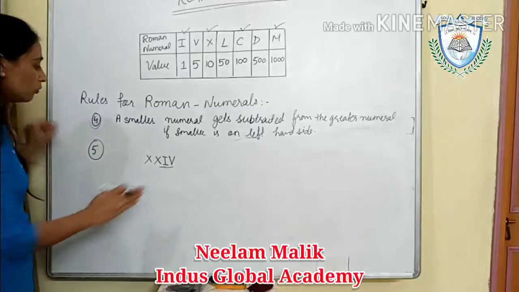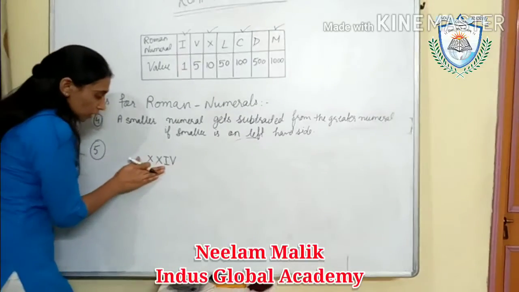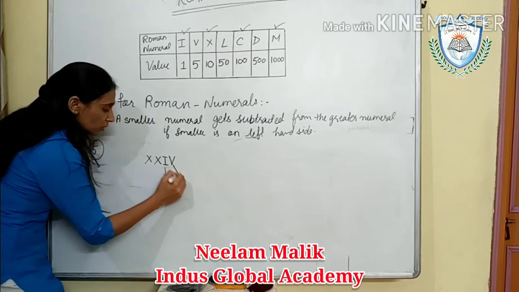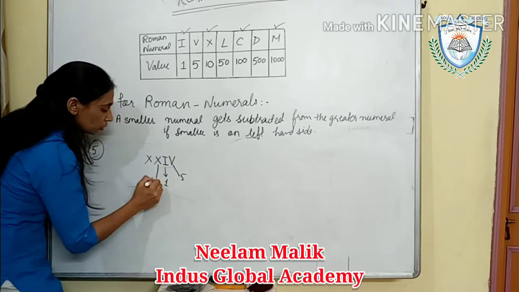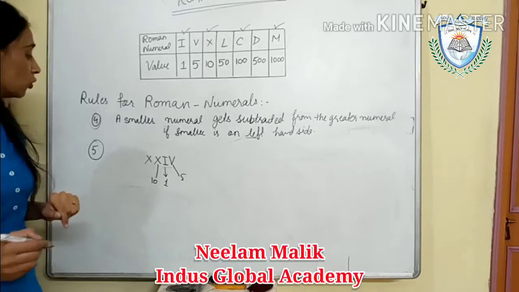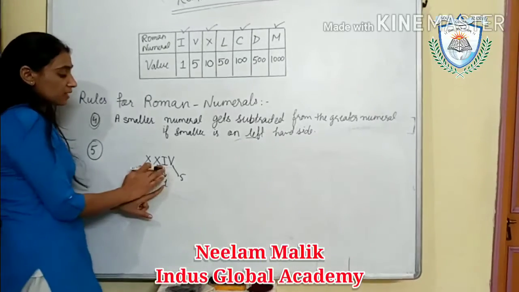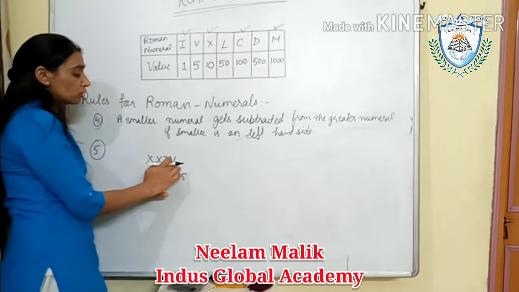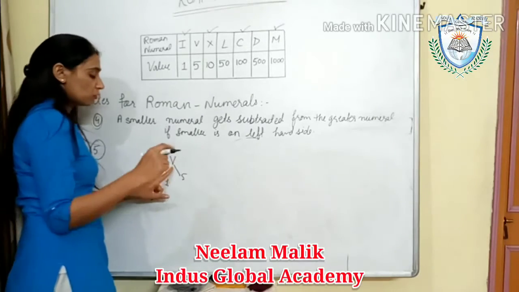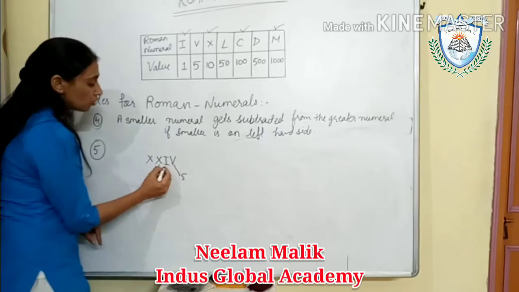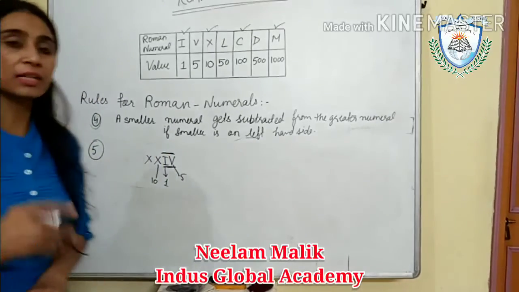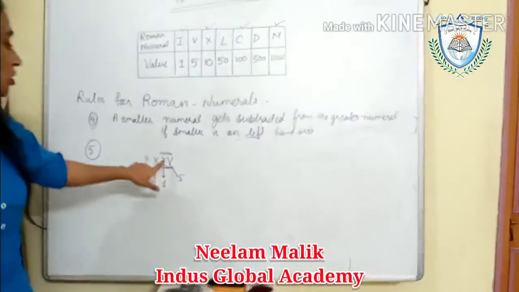What you have to do, when you get a small numeral containing a small value between two greater numerals, you will take that small numeral with the numeral that is on the right hand side of it. It will always be considered with the greater numeral on the right hand side of that smaller numeral.